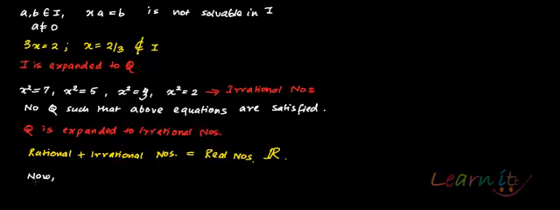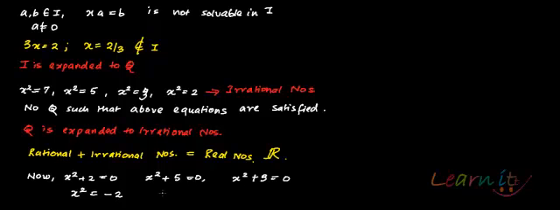For example, if you have an equation such as x square plus 2 is equal to 0, x square plus 5 is equal to 0, x square plus 3 is equal to 0, and so on.